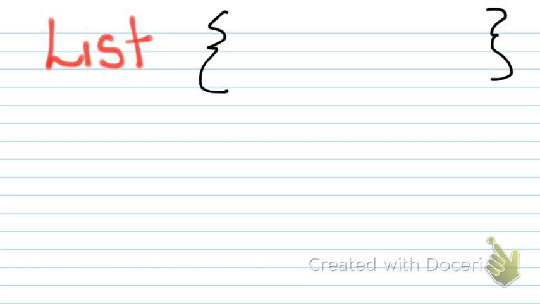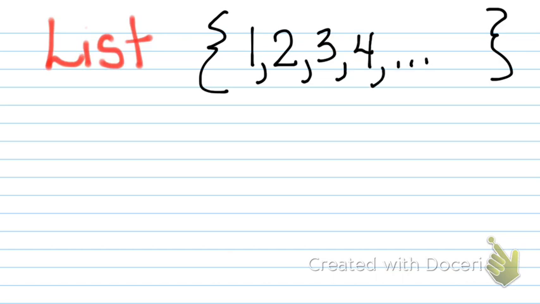A curly brace is the symbol for a set. And then all we do is list out the set. For example, we have 1, 2, 3, 4, ... 10.